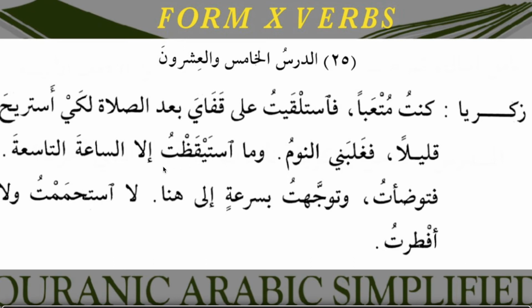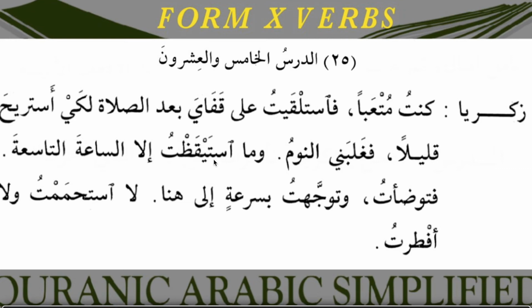وَمَا اسْتَيْقَظْتُ. So ma istayqaztu. This ma is ma'an nafiya, so you negate. Negation comes most of the time at the beginning, so that's how you know it is a ma of negation. What is this verb here? We can see ista, so we will be tempted to say that it is a form 10.